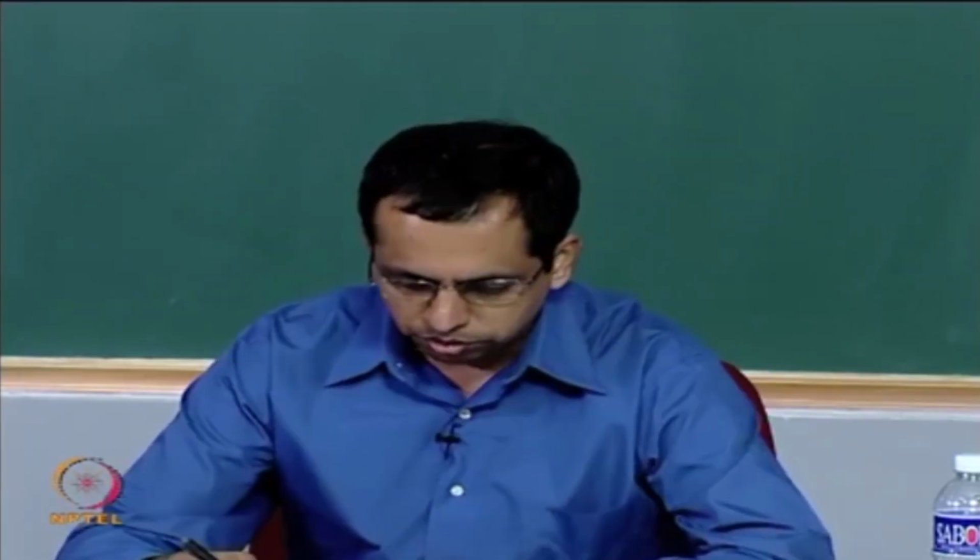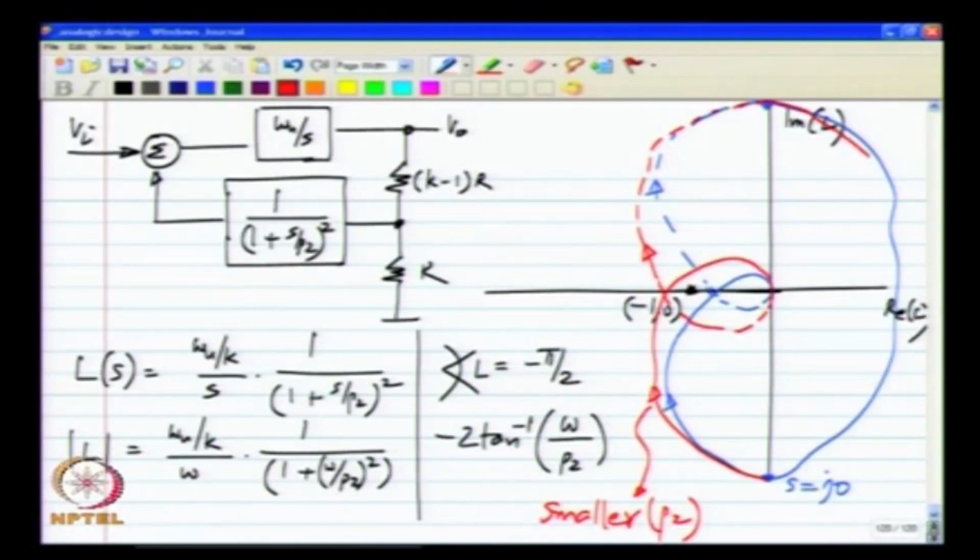This again we have evaluated the condition for instability exactly, and that is that when P2 is half of the unity loop gain frequency, the system will have poles on the imaginary axis, and if the pole value P2 is smaller than half of omega u by k, then it will have roots in the right half plane. Okay. So, you can see that the red curve encloses the minus 1, 0 point twice.